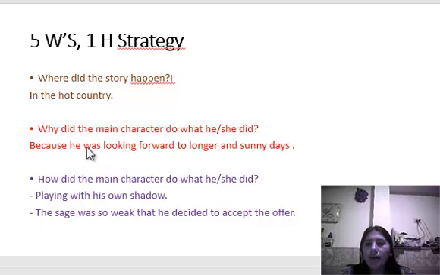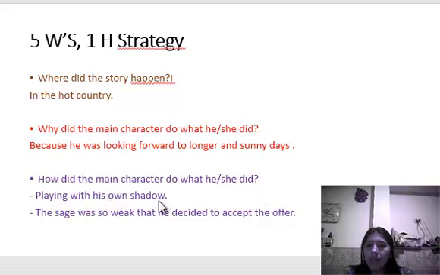Then we ask, why did the main character do what he did? Because he was looking forward to longer and sunny days. This question focuses on why the main character performed the actions that happened. As well, I have marked them in red. And we have the last question that says, how did the main character do what he did?